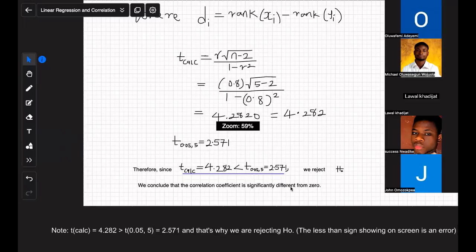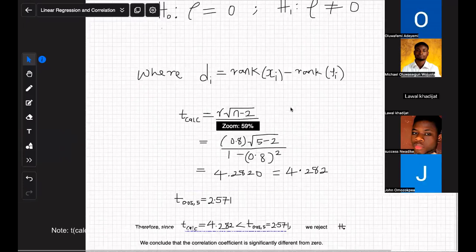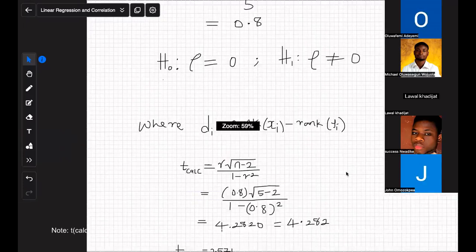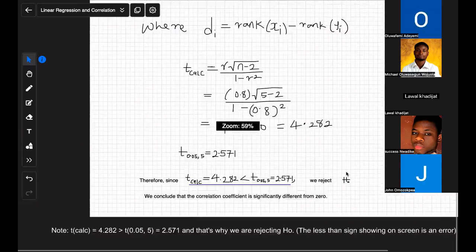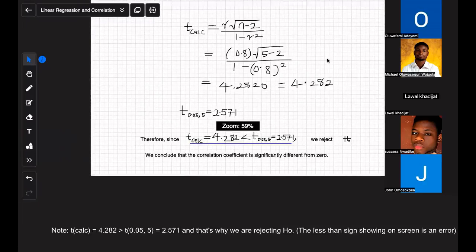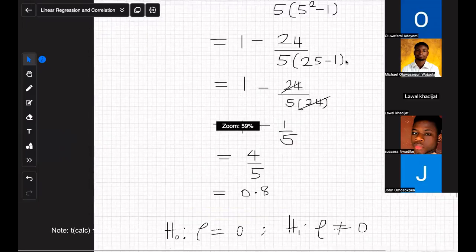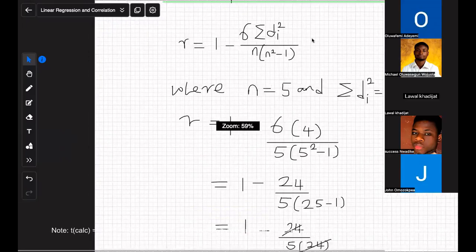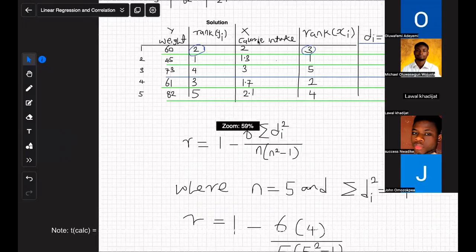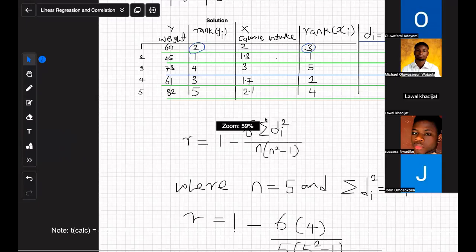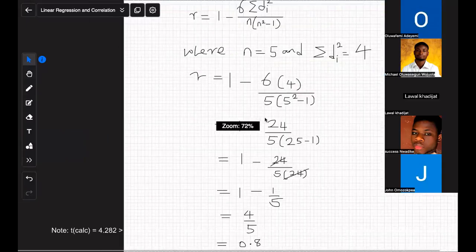So we reject H0 and conclude that the correlation coefficient is significantly different from 0. That means we can use it to make conclusions. We can now say these two variables, X and Y, weight and calorie intake, have a strong correlation coefficient between them.